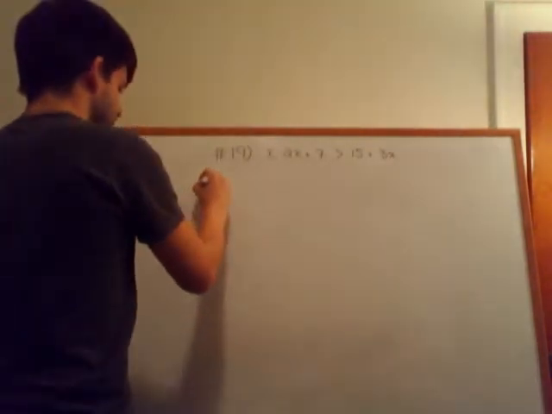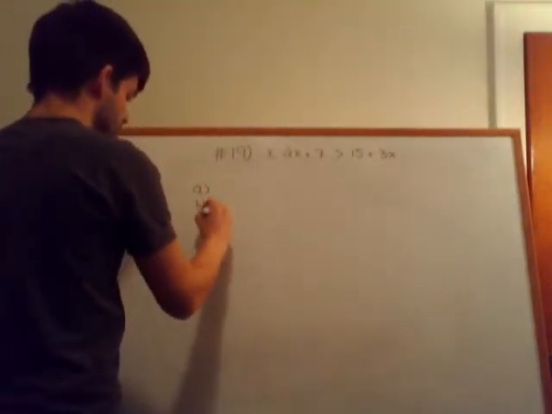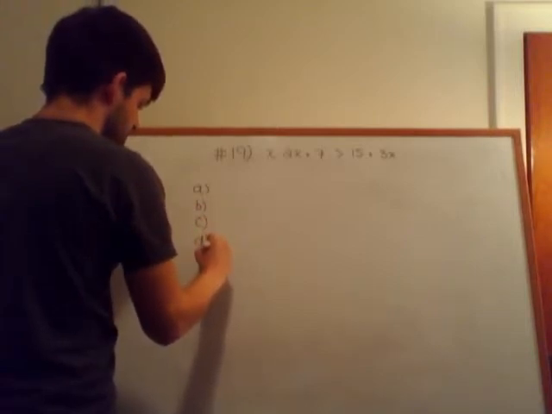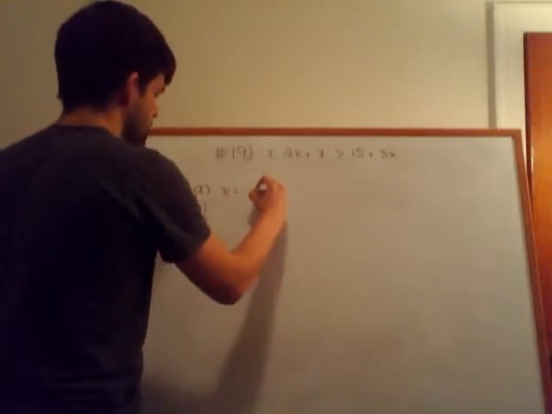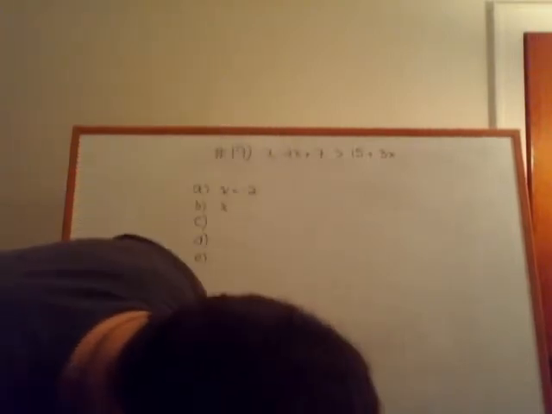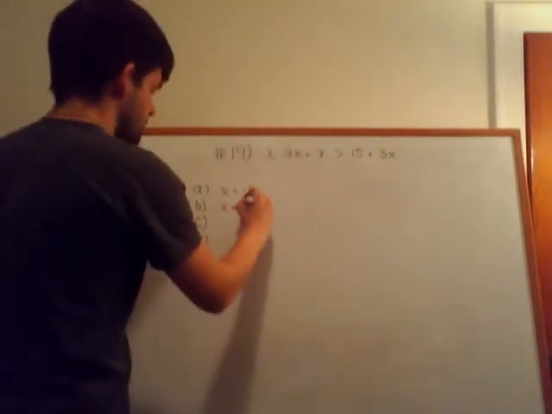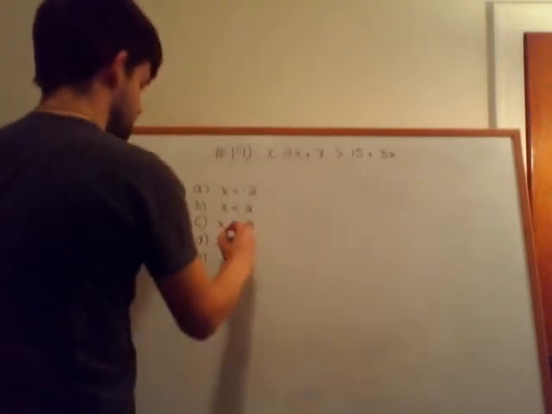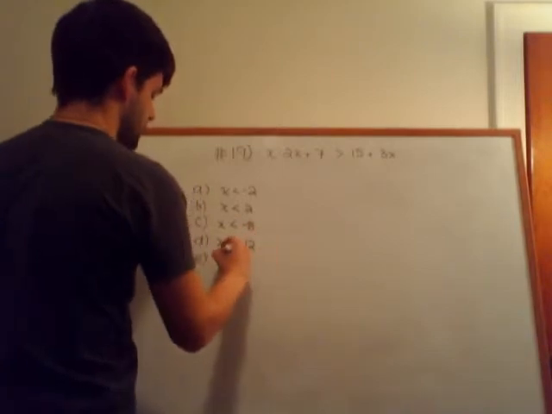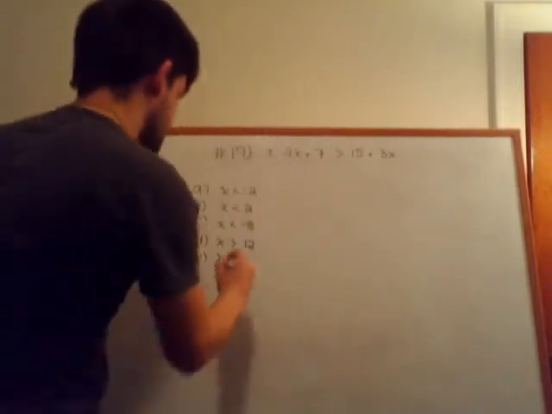Okay, and then our choices are negative 8x is less than negative 2, x is less than 2, x is greater or less than negative 8, x is greater than 12, and x is greater than 0.